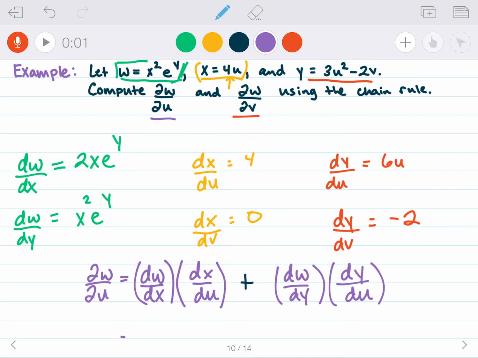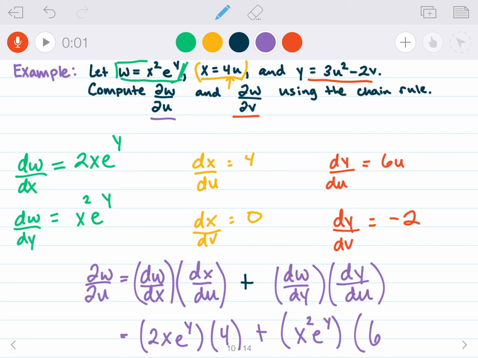And now we can just plug everything in. So for dw dx, we have 2x e to the y times 4, plus x squared e to the y times 6u.